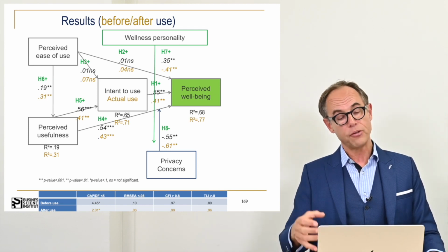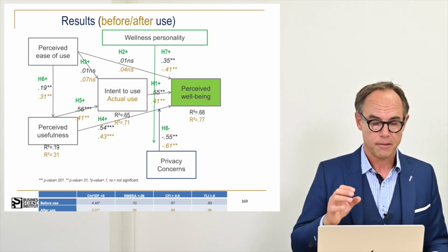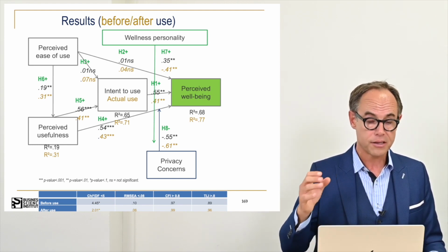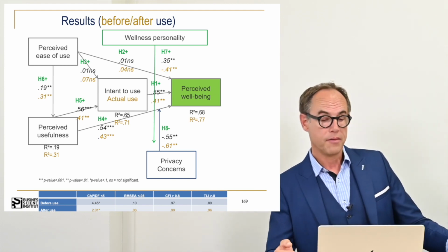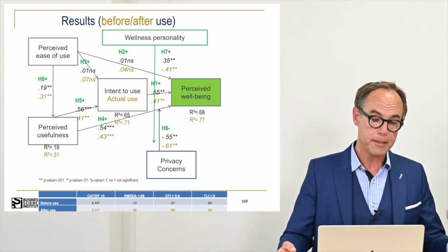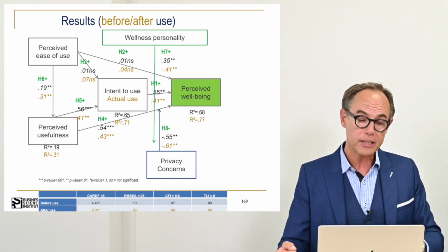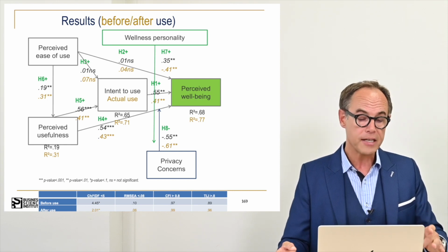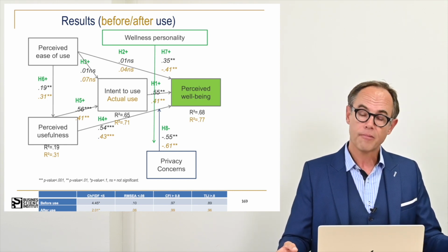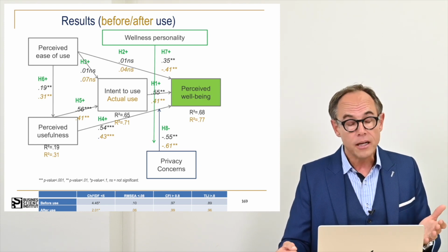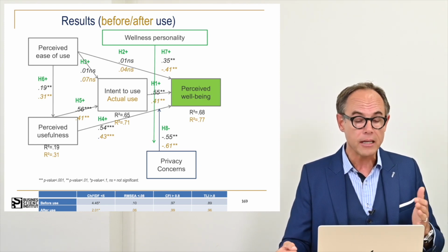We see that perceived usefulness decreases from before use to after use and is significant on intention to use. So before use, people perceive more usefulness, and this impacts intention to use more importantly than after use, when people no longer perceive real usefulness.